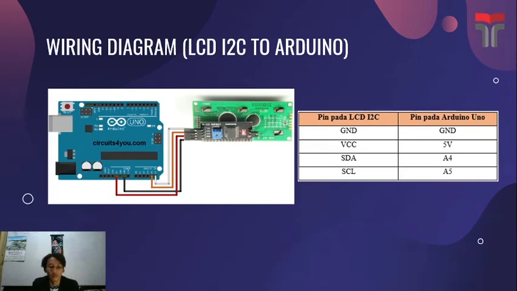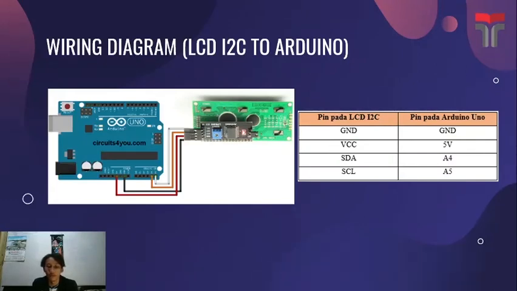Okay, the next, this is the wiring diagram from I2C LCD to Arduino. The ground pin of the LCD is connected to the ground pin of the Arduino. Then the VCC pin of the LCD is connected to the 5V pin of the Arduino.